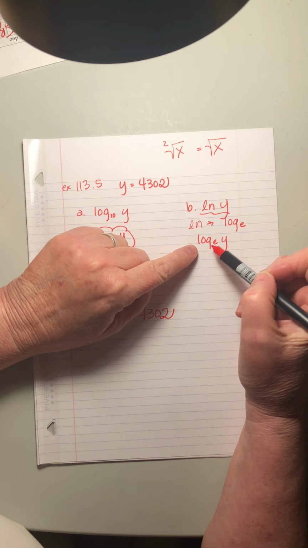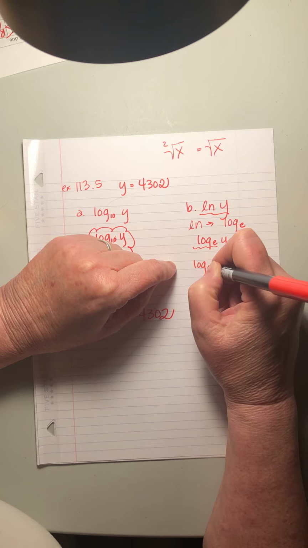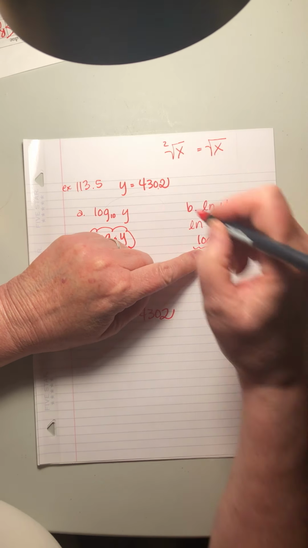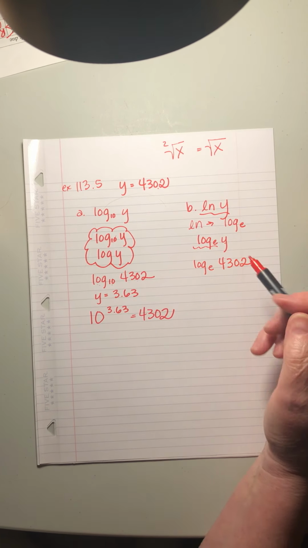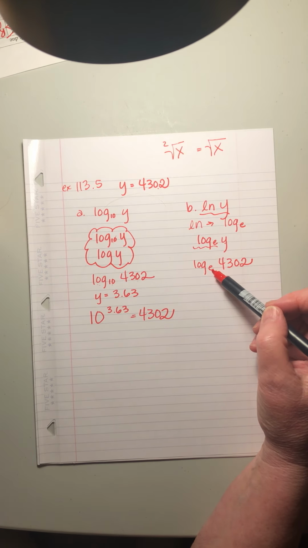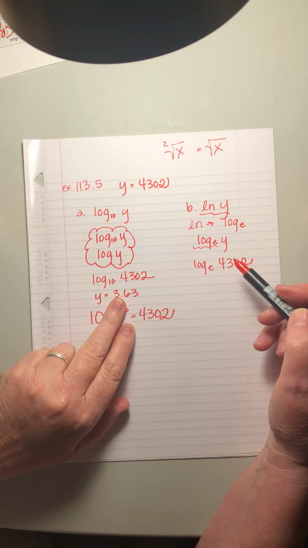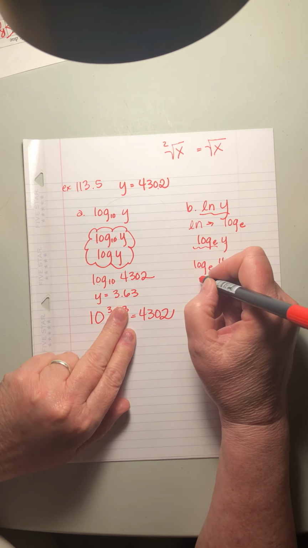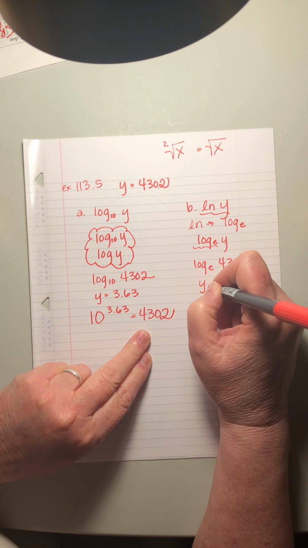Okay, so let's just think of it like this for this problem. So we're saying the log e y is that. So it's like we were saying over here. This one says, what is the exponent that we put on the base of e, 2.71828, to get 4,302?